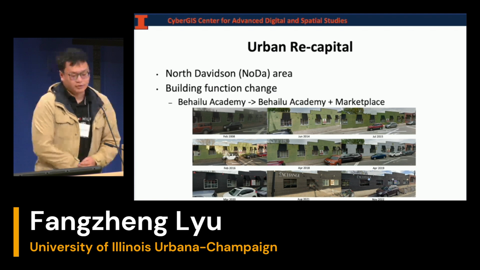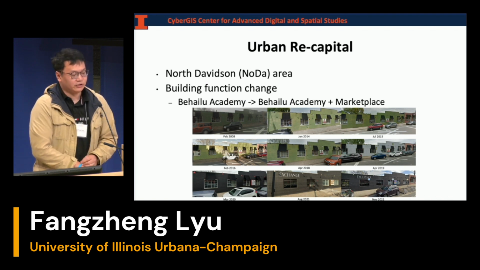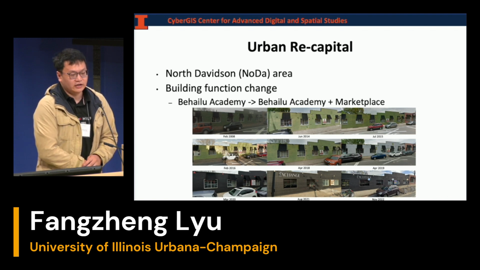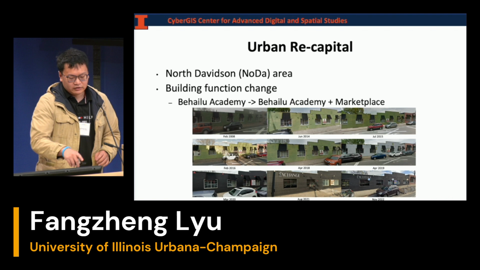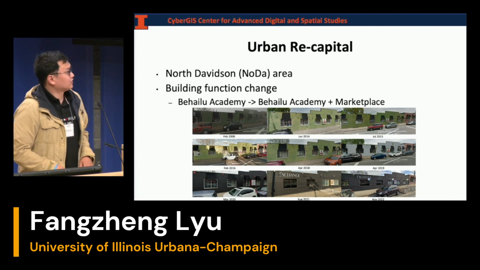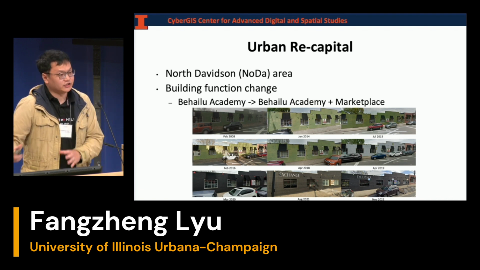The last example I would like to show is urban recapital. This example, we found in the North Davidson area. Charlotte people call it the NoDa area. This is a very popular area right now, mostly for artists and musicians. If we look at these images, there is a functionality change.